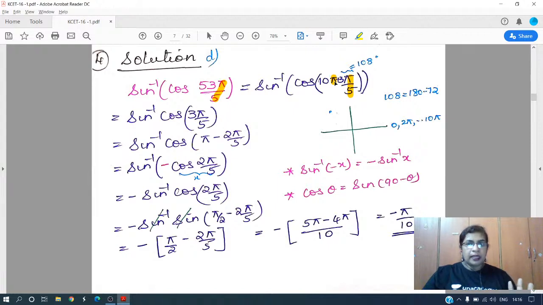Now you check with 5, you should reach 53 pi. How many times when I multiply 5 am I reaching close to 53 pi? 10 times. So 5 into 10 is how much? 50. Still how many pi's are required? 3 pi's are required. And therefore you write plus 3 pi. Hope this is clear.